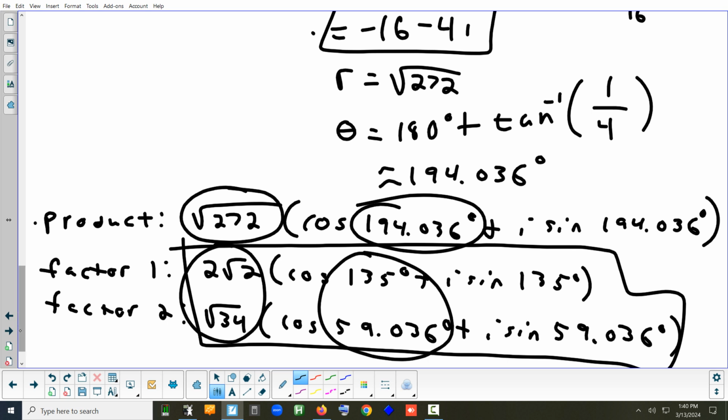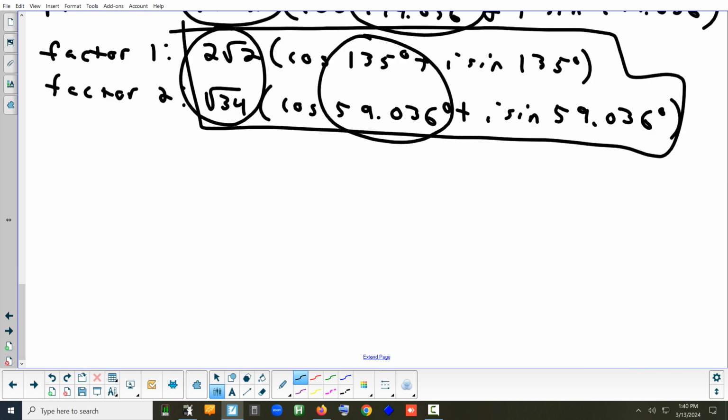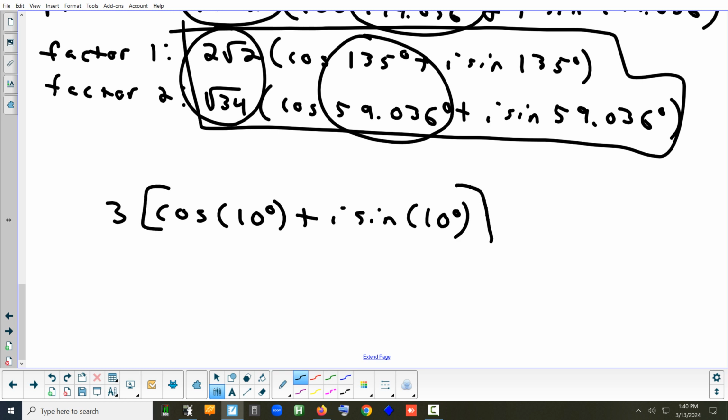So if I have two numbers, I'm going to make up nice ones without decimals. 3 cosine 10 plus i sine 10, and let's do 5 cosine 15 plus i sine 15.